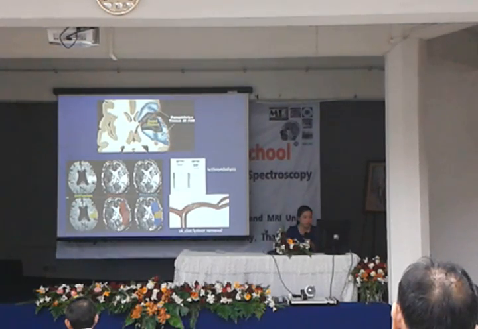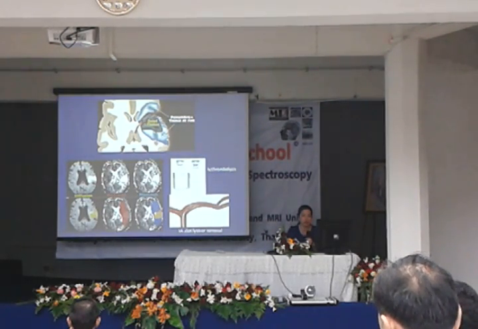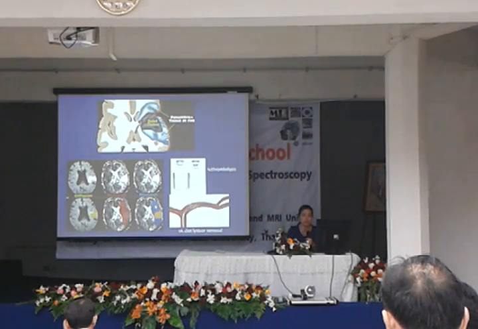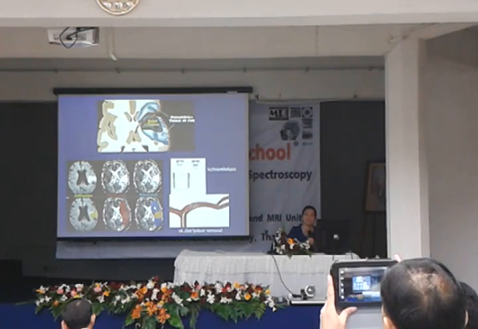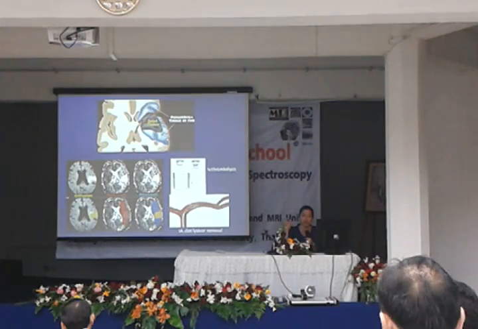For example, in this case on DWI there is a small area that lights up, and in the perfusion we have a larger perfusion defect, and then we overlay DWI and perfusion. We can see the area surrounding the core infarction, that we call penumbra, is very large. This case is a good candidate to get the drug that melts the clot in the vessel.